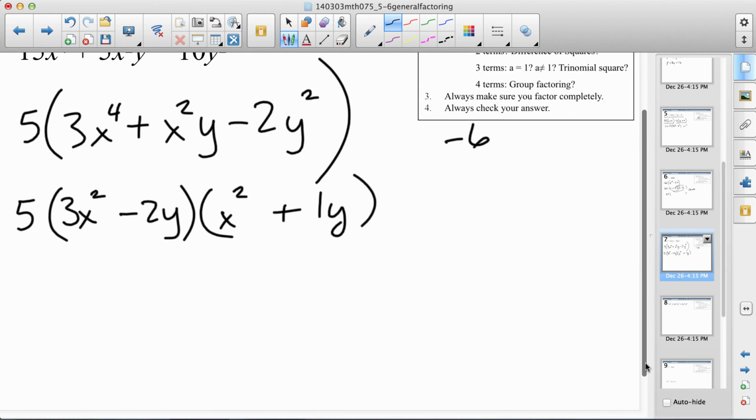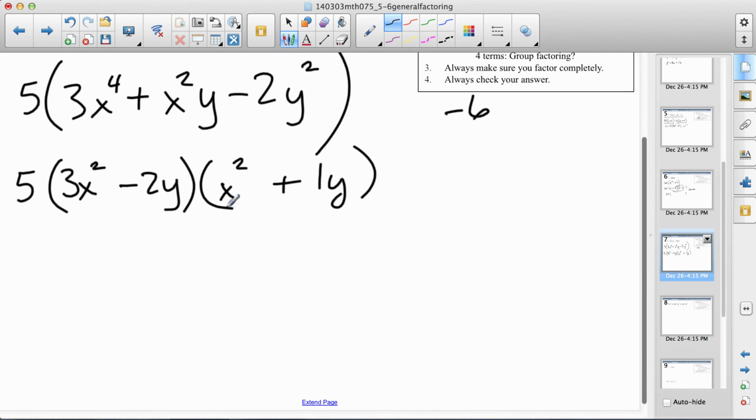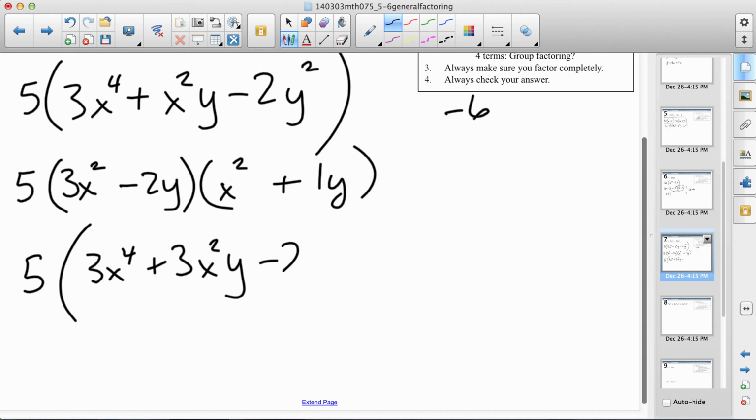I'm just guessing. Let's see what happens. 3x^4 is what I thought I was going to get, with my 5 out there. 3x^2 times y would be a positive 3x^2y. Minus 2y times x^2 would be a minus 2x^2y.